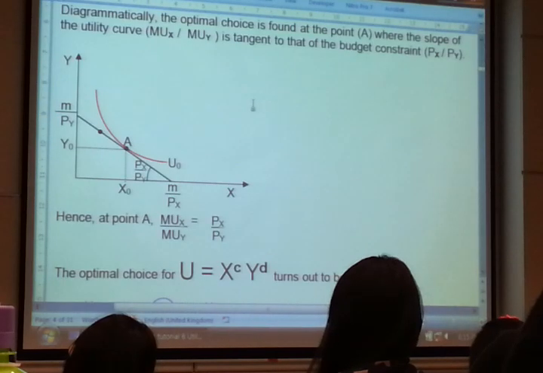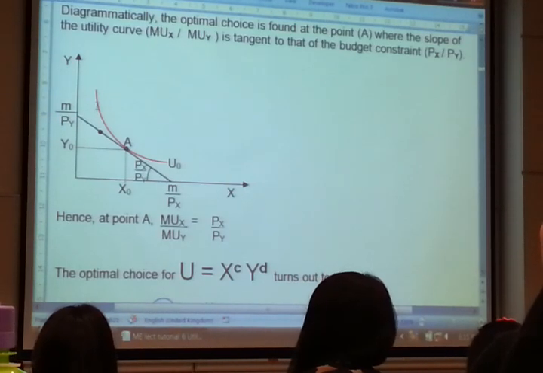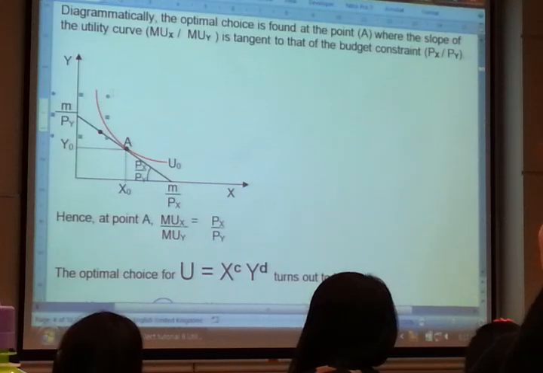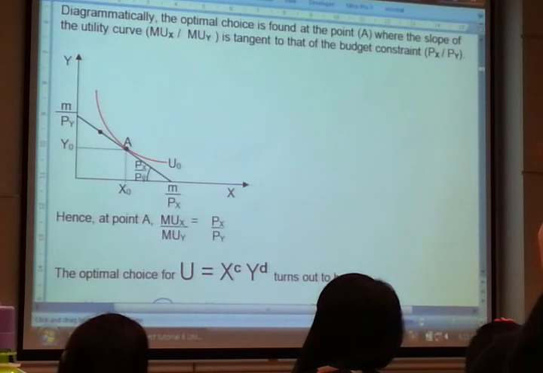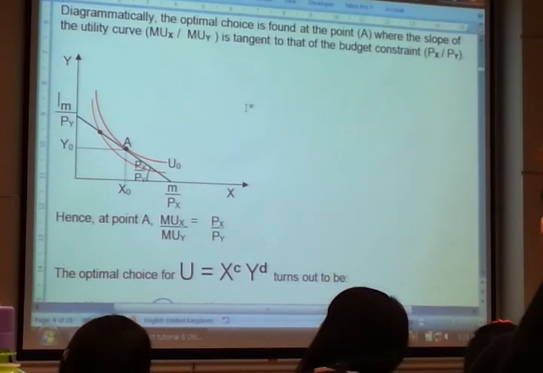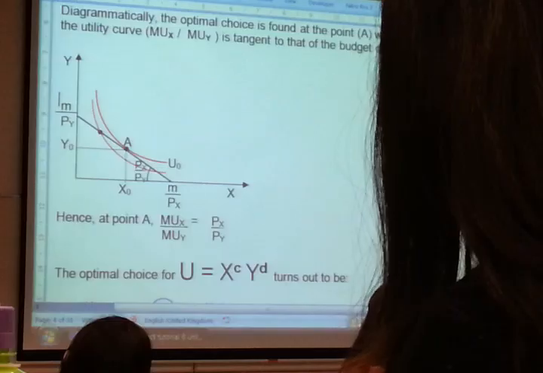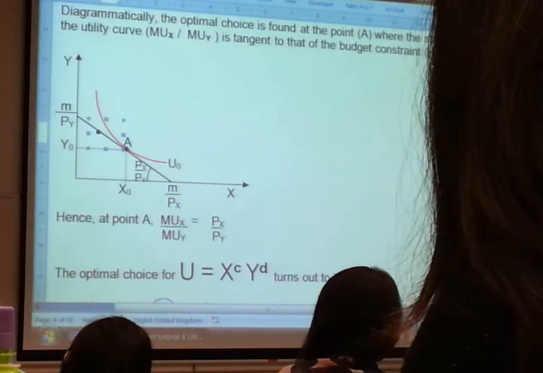Why not choose here? Simple. If you choose here, is the utility higher or lower? Lower, because at this point you touch this utility curve. Is it lower than U0? Sure, right. So nothing will be under A. So that's all we know.